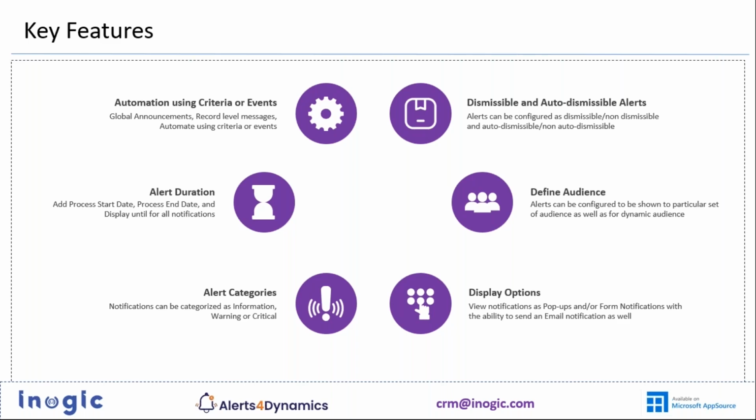So these are common messages along with the notification that he wants to send particularly to the sales team. So yes, he can define a target audience specific to the sales team using Alerts for Dynamics. If we set it as the sales team, then it will be sent only to the sales team, not to the entire set of users in the system.